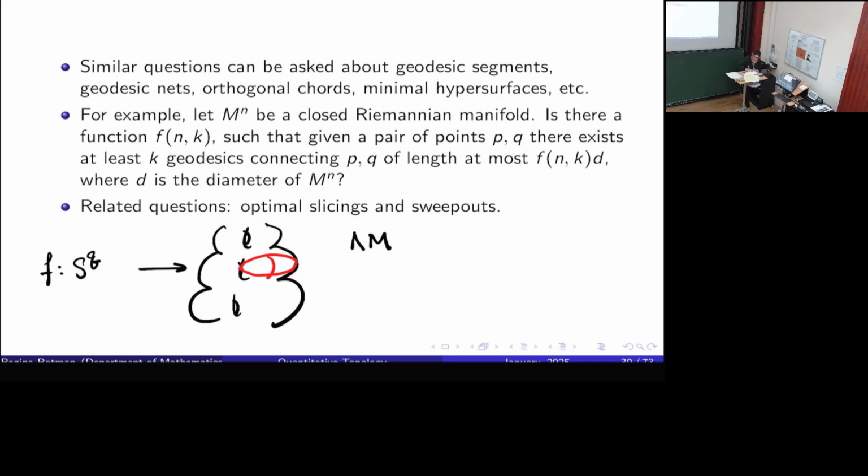So the points on this non-contractible sphere are again closed curves, and we try to push the sphere down to M.